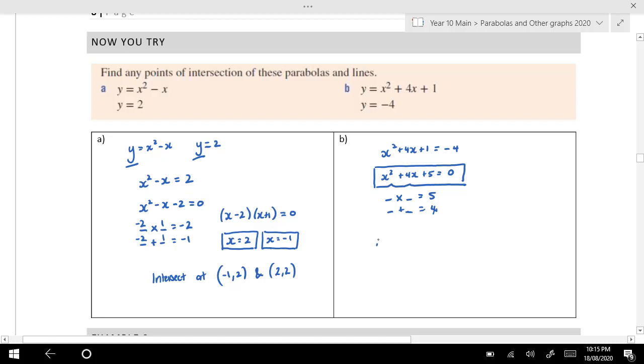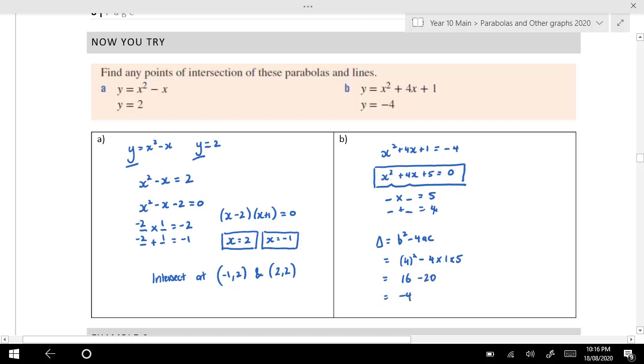So let's do that. The discriminant is b squared minus 4ac, and of course b is 4, so that's 4 squared, minus 4 times a, which is the coefficient of x squared, times c, which is 5. 16 take away 20 is -4.